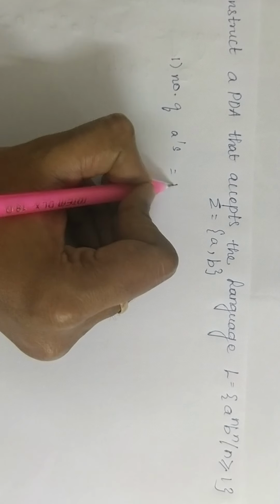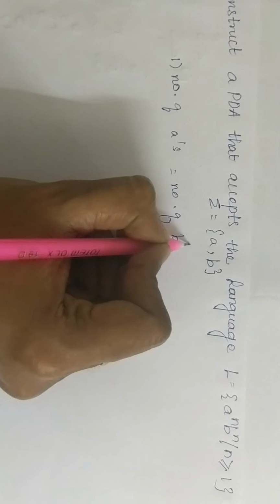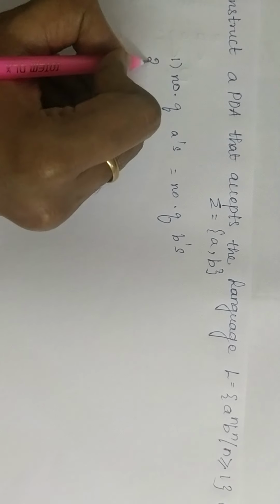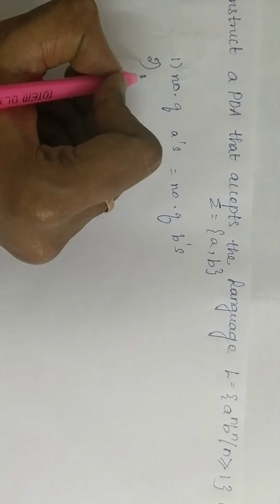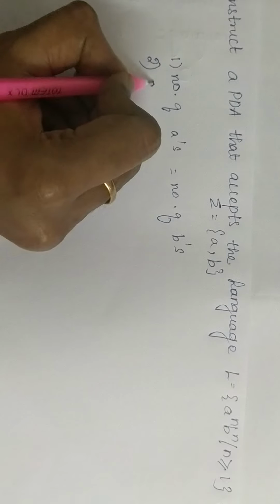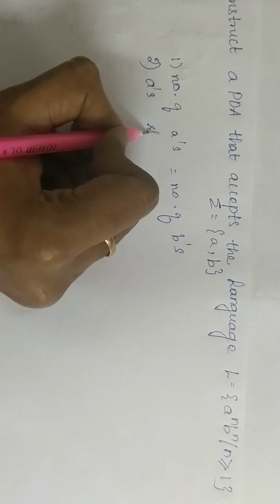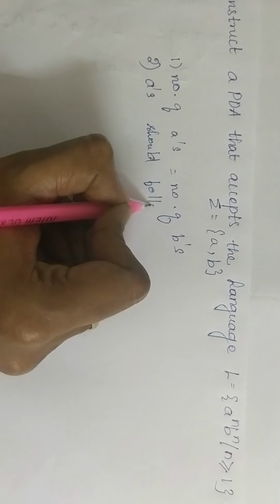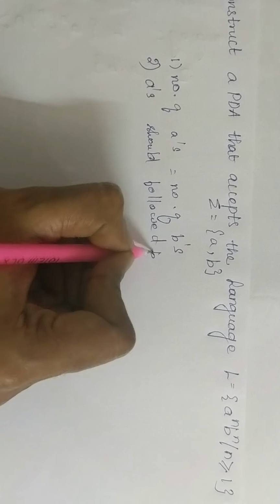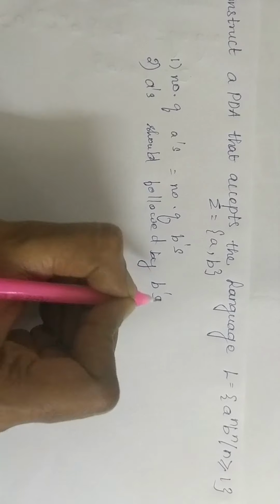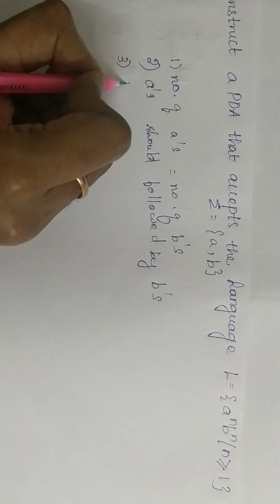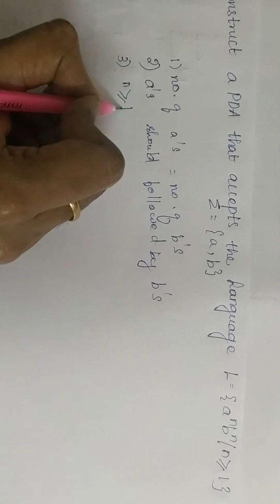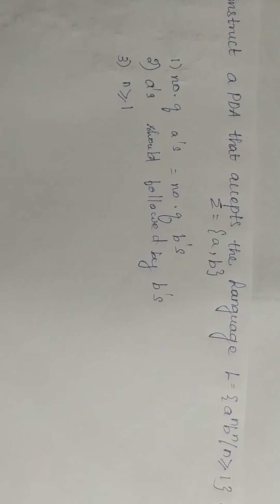The second constraint is that A's should be followed by B's. And the third constraint is n greater than or equal to 1, that is, it must have at least one n.